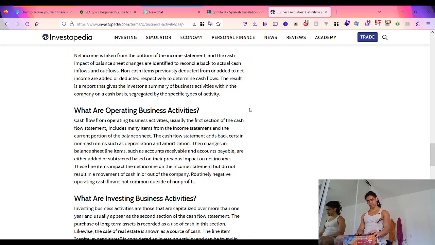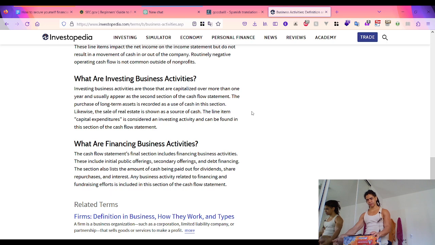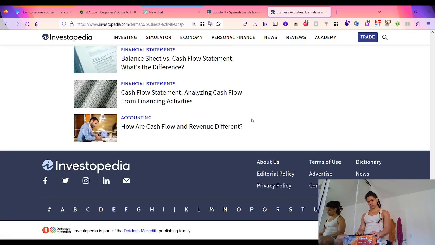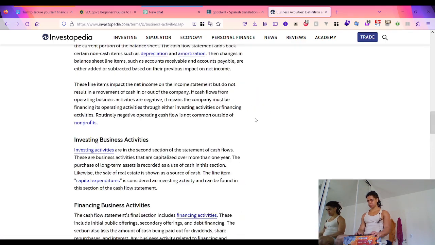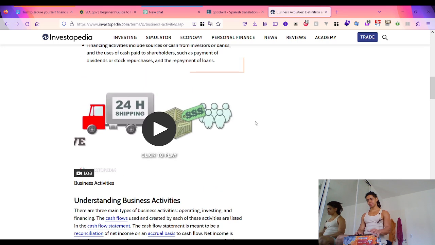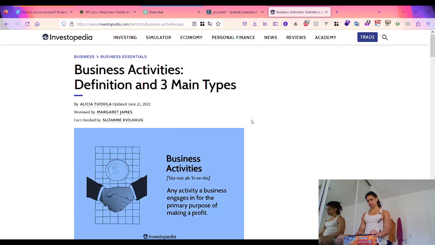What are operating business activities? What are investing business activities? And what are financing business activities? Interesting. There are three main types of business activities: operating, investing, and financing, according to Investopedia.